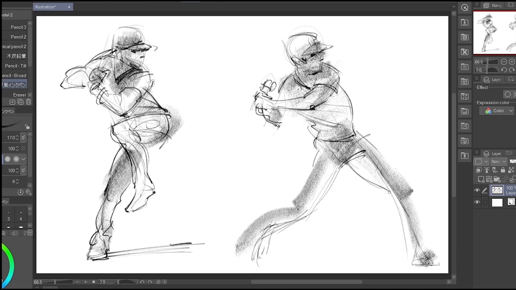That means the model is always going to be in a balanced position, and we always practice in a balanced pose. But when we are doing illustration or comic books, many times the poses start looking static. They don't look like they are moving.